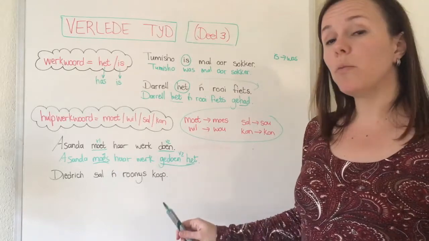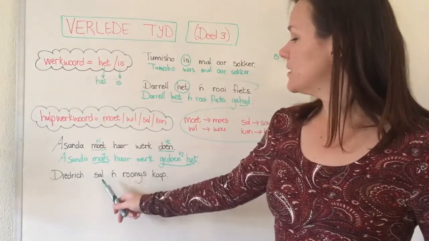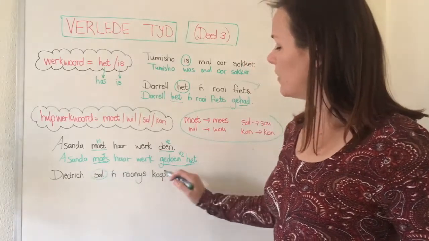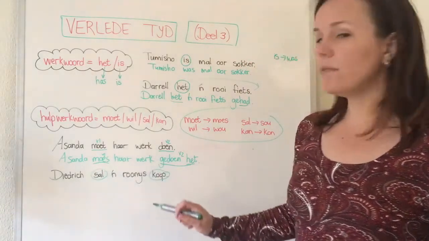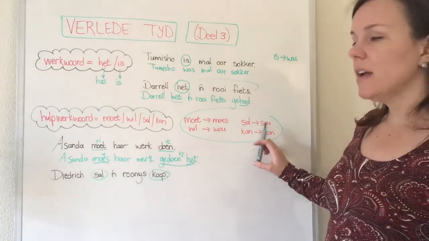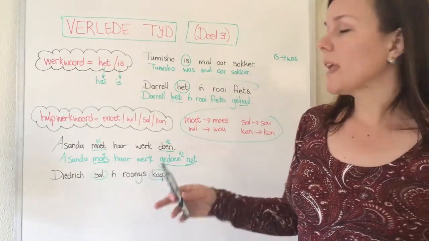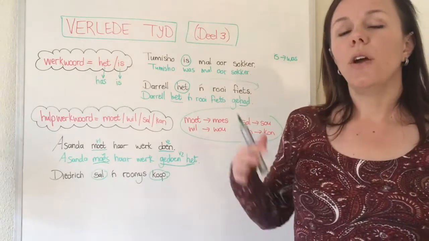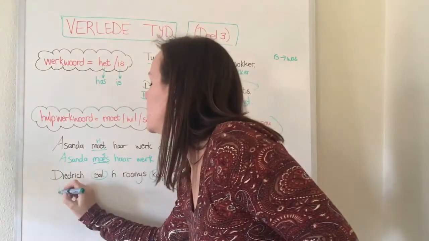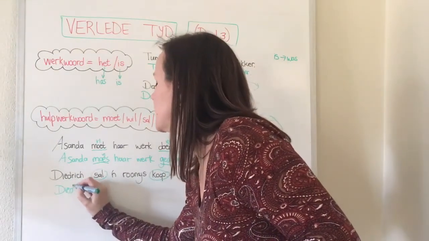So let's do one more example. Dedrick sal 'n roomys koop. Sal is my auxiliary verb, koop is my main verb. Sal over here becomes sou. Sal means will and sou means would have. So he would have bought an ice cream. So let's write it in past tense.